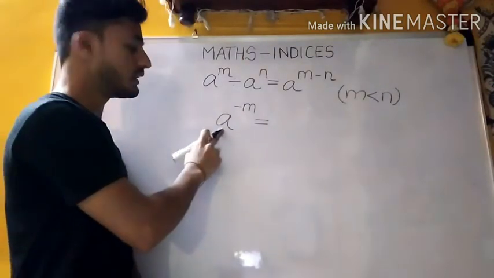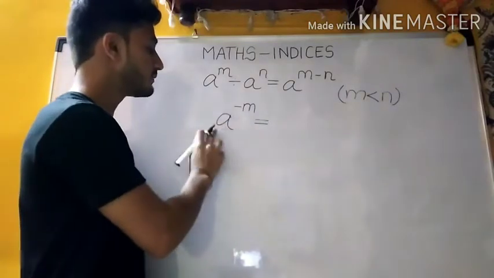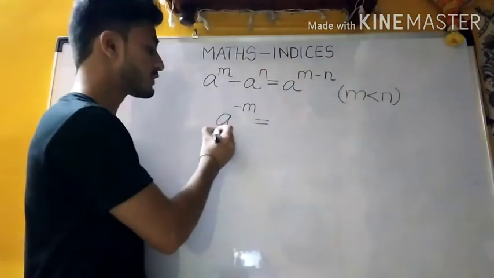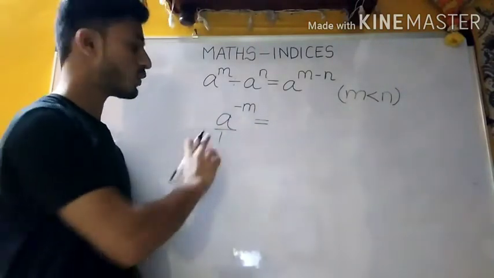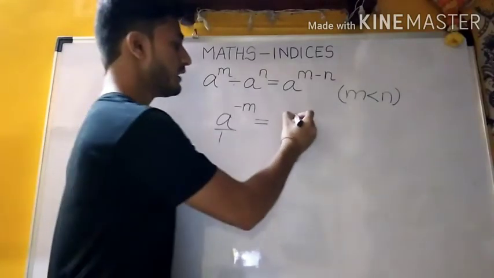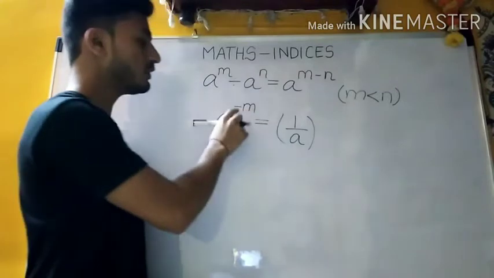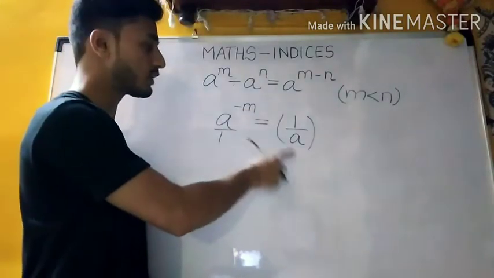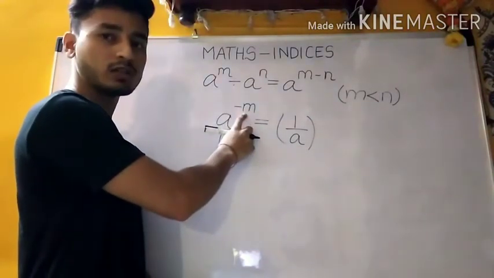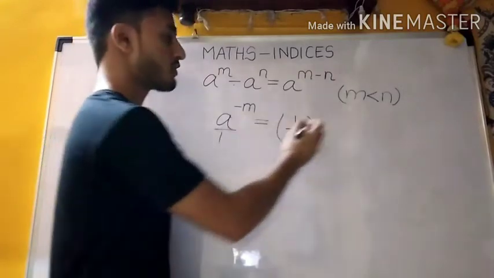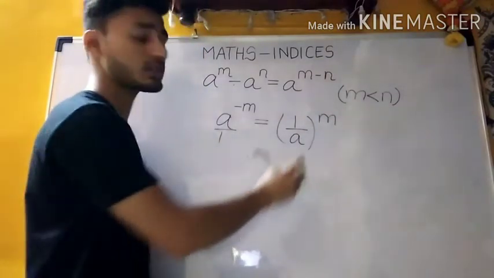Since here there is no denominator, we will assume 1. The reciprocal will be 1 upon a, and since we have taken the reciprocal, the negative power becomes positive, so we write m.